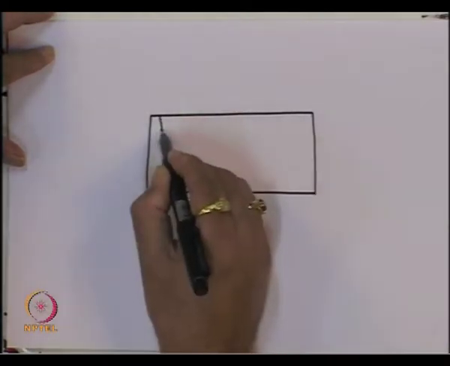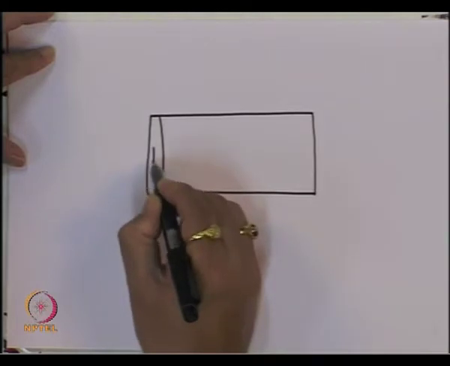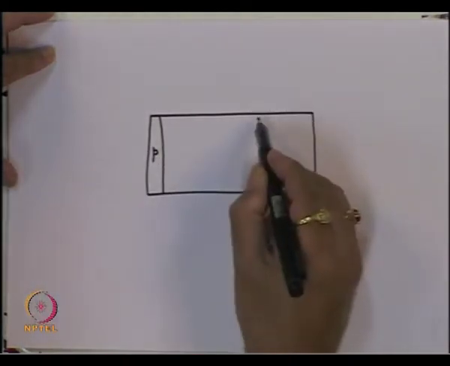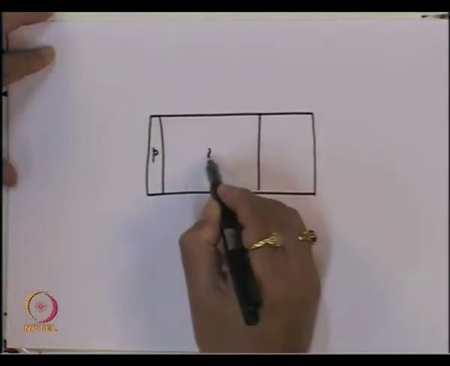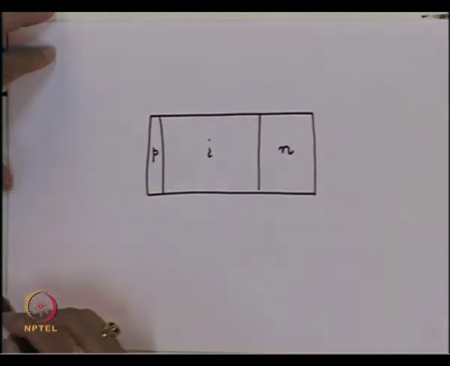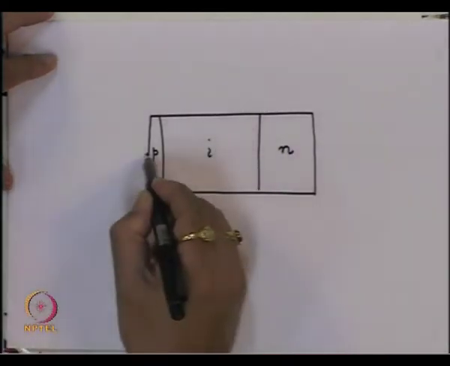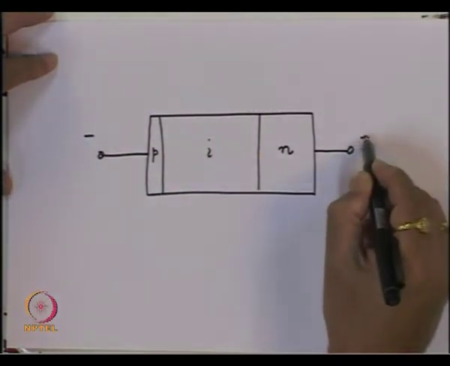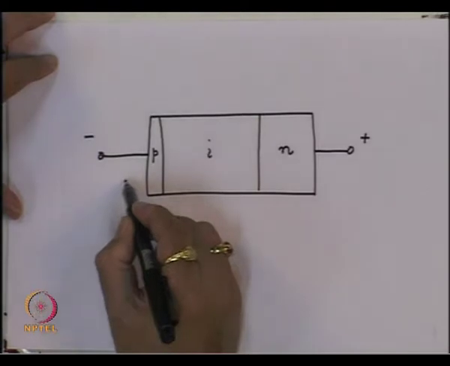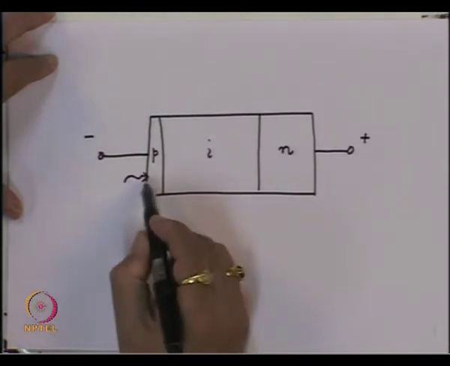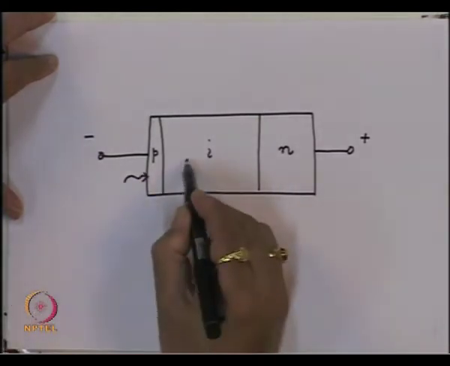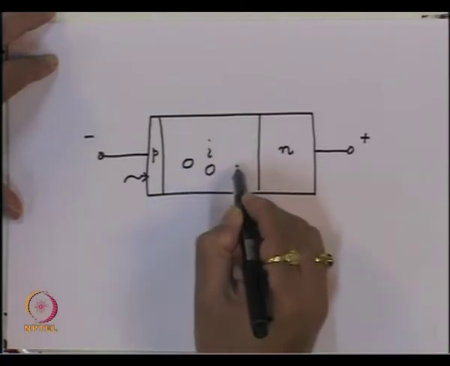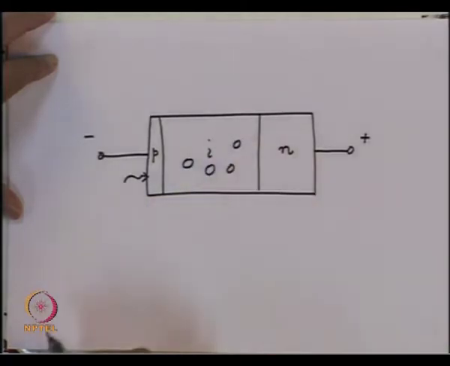This is the P material, which is very small. Then you are having the intrinsic region I, and then we have N, and this device is reverse biased. So, you apply negative voltage here, you apply positive voltage here, and when the photon is incident on this, very quickly it crosses this layer, and most of the electron hole pairs are going to get generated inside this region.